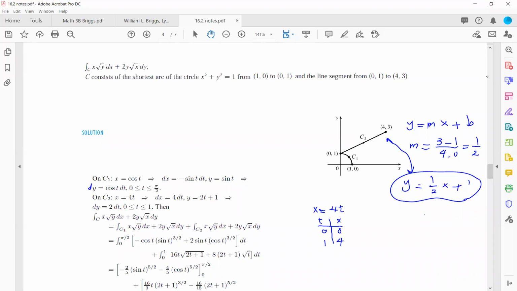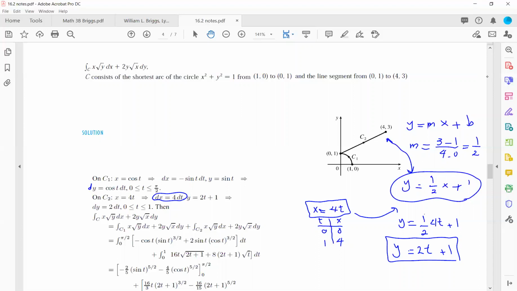Now you can use your x to simplify your y. y is equal to a half 4t plus 1. So y is 2t plus 1. So here we're using these two parametrizations. x is 4t, so the derivative of x is 4 dt, and y is 2t plus 1, so dy is 2 dt, and t ranges between 0 and 1.